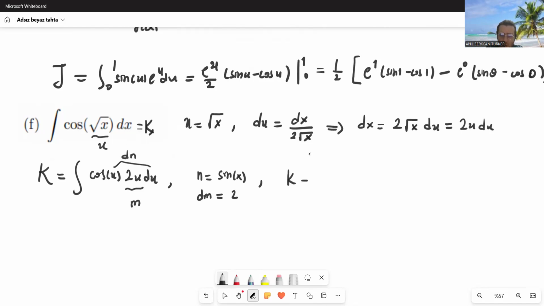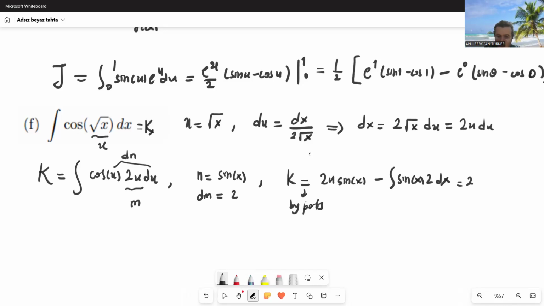So this integral k, by parts, becomes m times n, 2u sine u, minus the integral of sine u times 2 du. I know the integral of sine, which is minus cosine, so we get another minus.